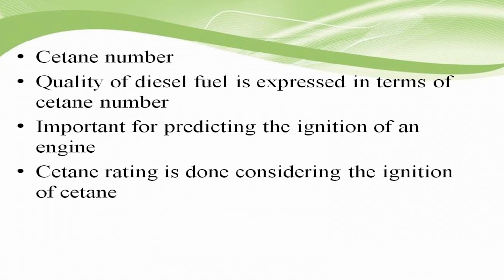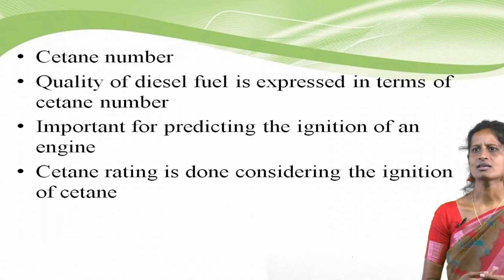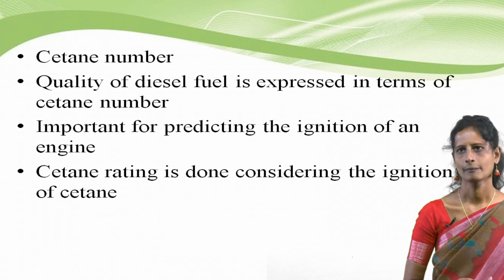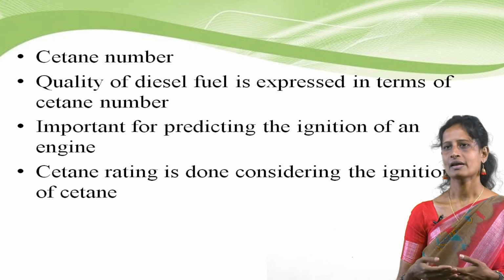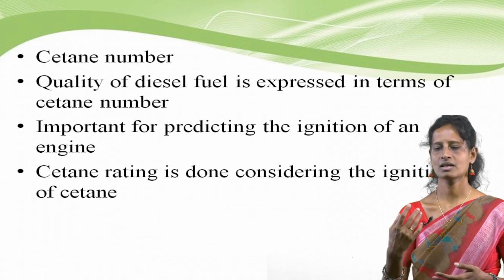The importance of cetane number is that it is used for predicting the ignition of the engine, how it ignites. Cetane rating is done considering the ignition of cetane. The rating is considered by how the fuel ignites.